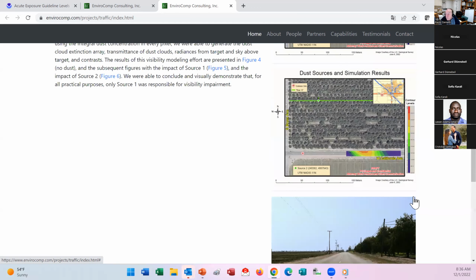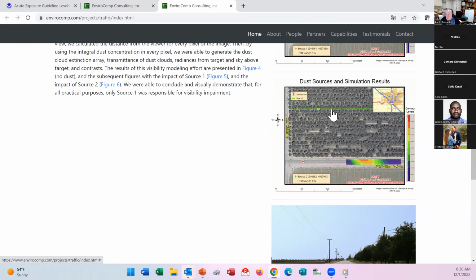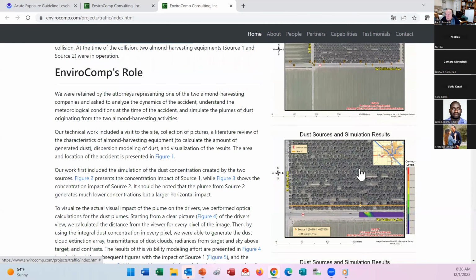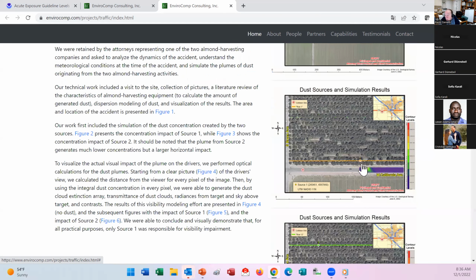And we can do that for this plume far away, but larger and smaller in concentration, and this separate plume, which is closer and narrow, but higher concentration.